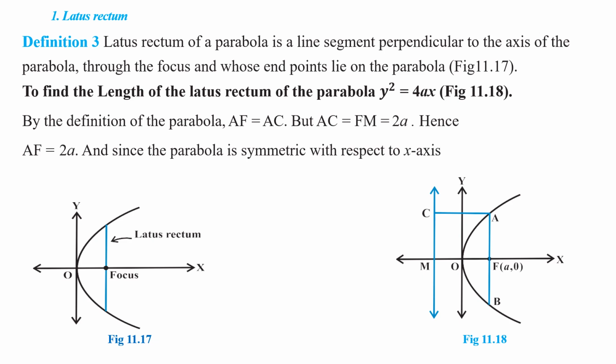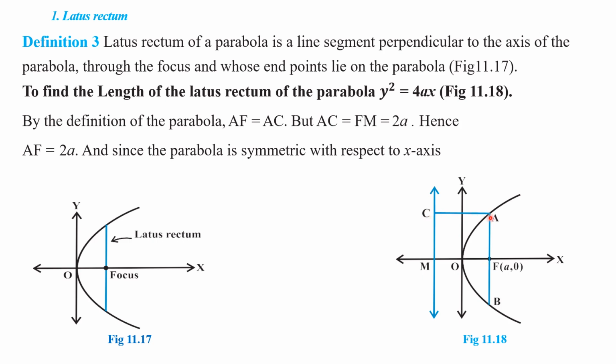Since A lies on the parabola, any point on the parabola is equidistant from the focus and the directrix, so AF is equal to AC.